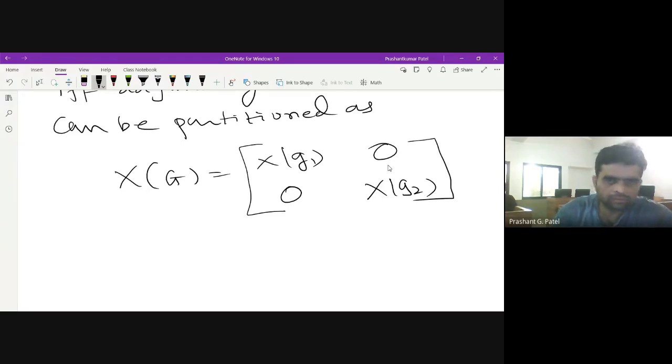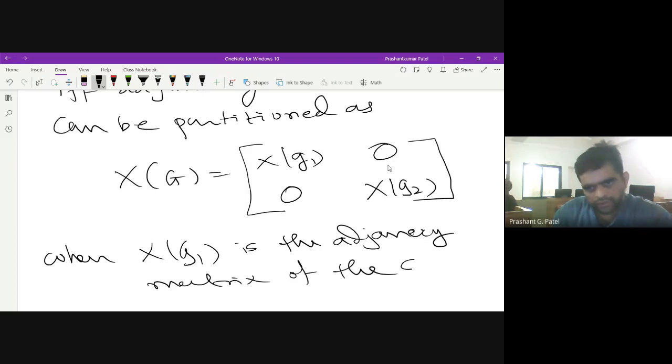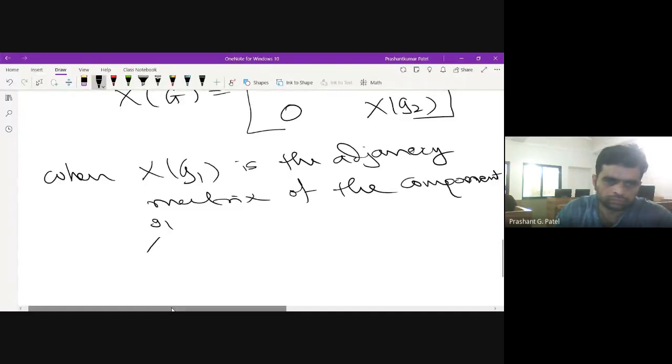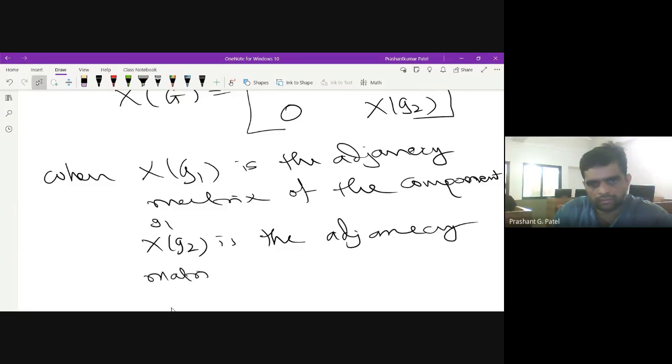Where this X of G1 is the adjacency matrix of the component G1, and X of G2 is the adjacency matrix of the component G2.